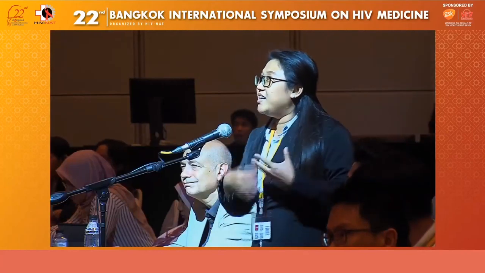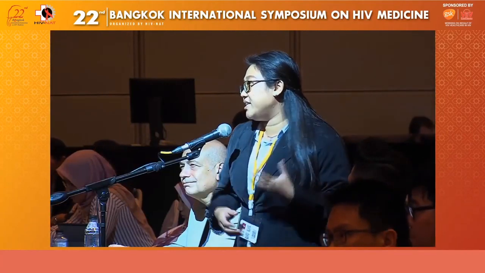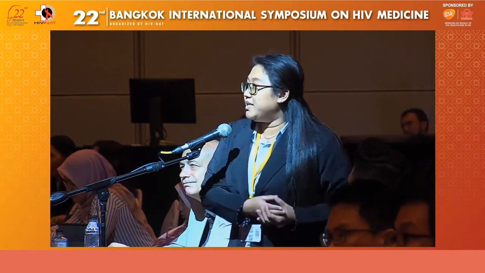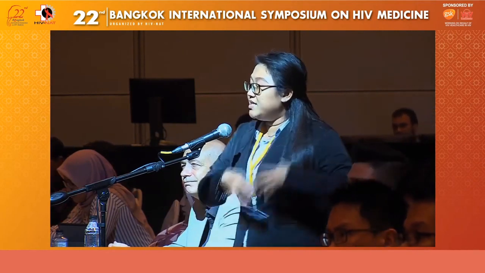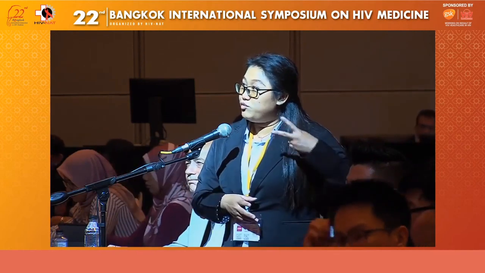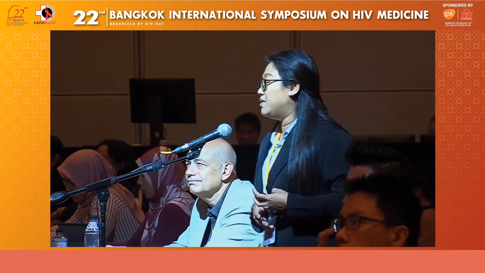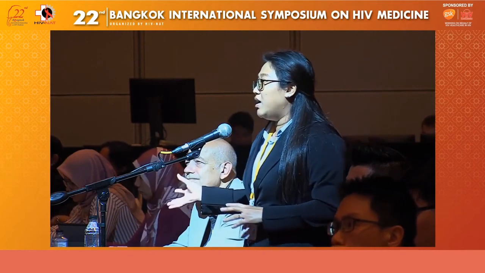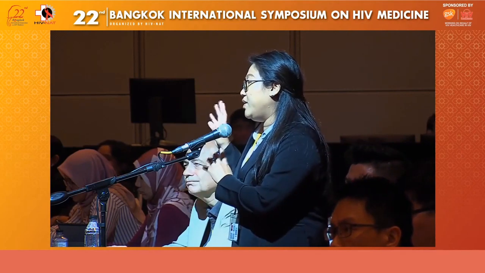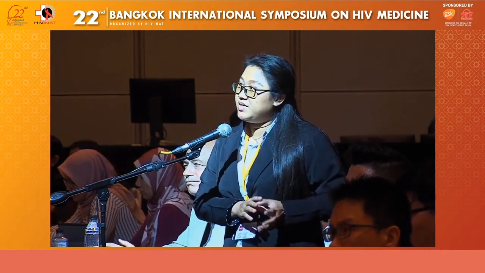Now the discordance is in 2 different labs and also between GeneXpert and the culture results, because GeneXpert shows resistance twice on different samples. But in one lab, rifampicin is not resistant, and in another lab, rifampicin is resistant.